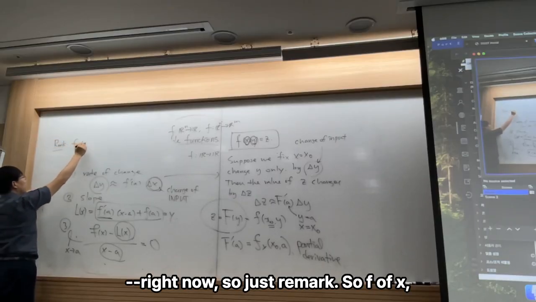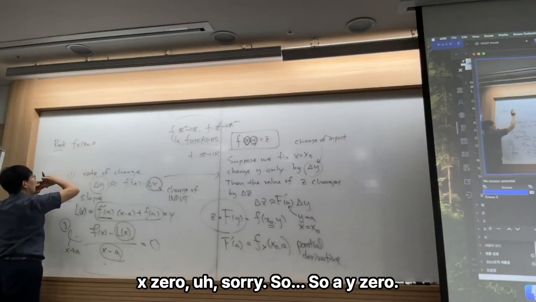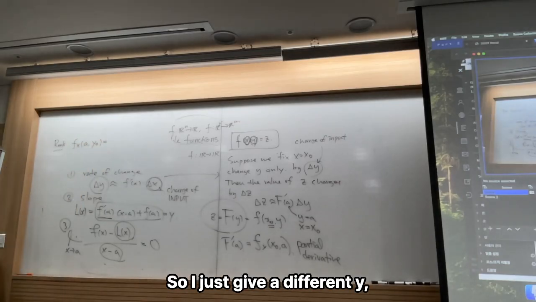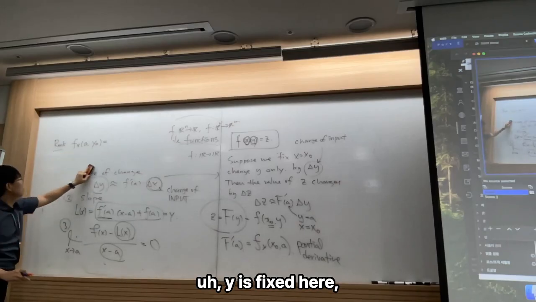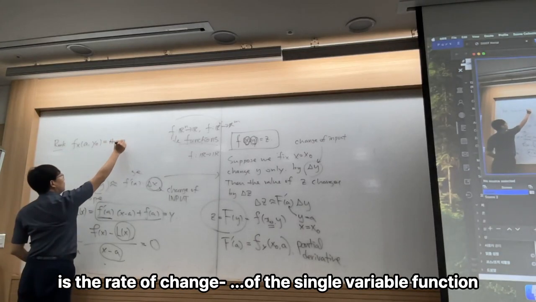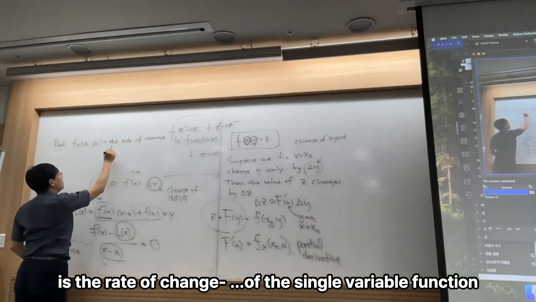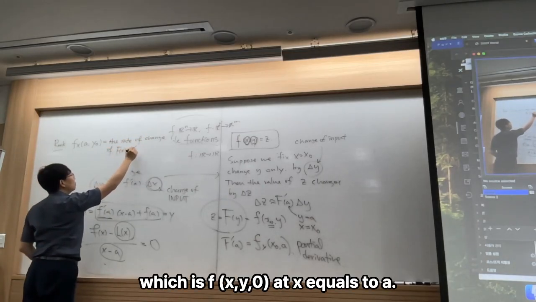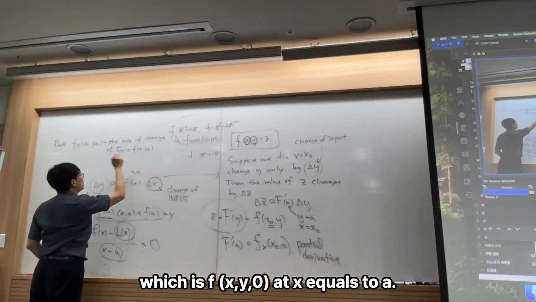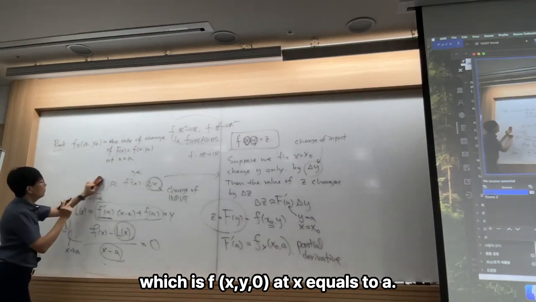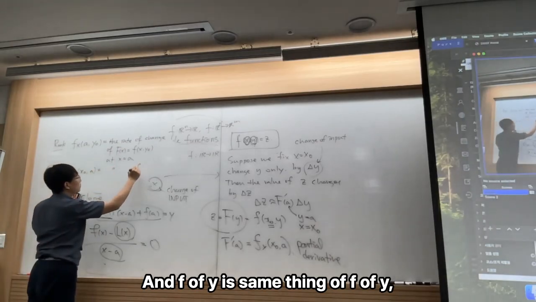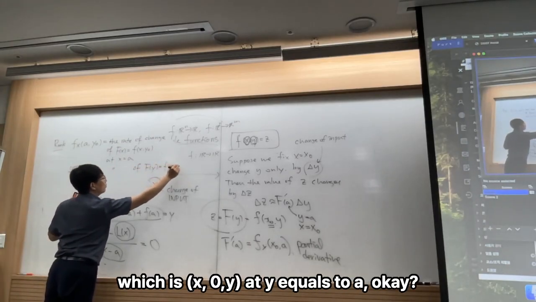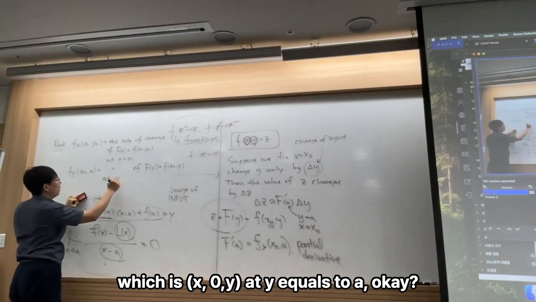So f_x at (a, y0), I just give a different symbol here to indicate that y is fixed, is the rate of change of the single variable function f(x, y0) at x equals a, and f_y is the same thing for f(x0, y) at y equals b.